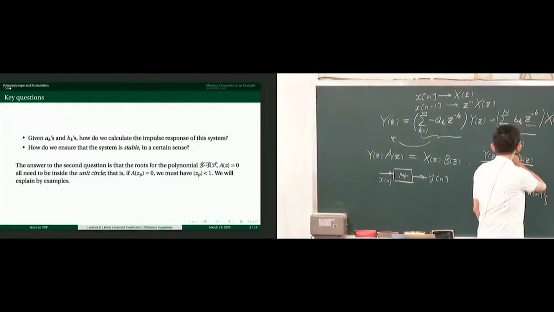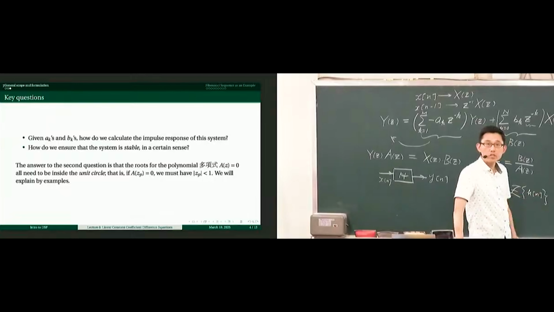When we write down any difference equation, sure, we'll see in a moment that we can calculate the impulse response. But there's a general design rule, a design principle: when we design a difference equation in DSP, in most applications, you want the system to be stable.